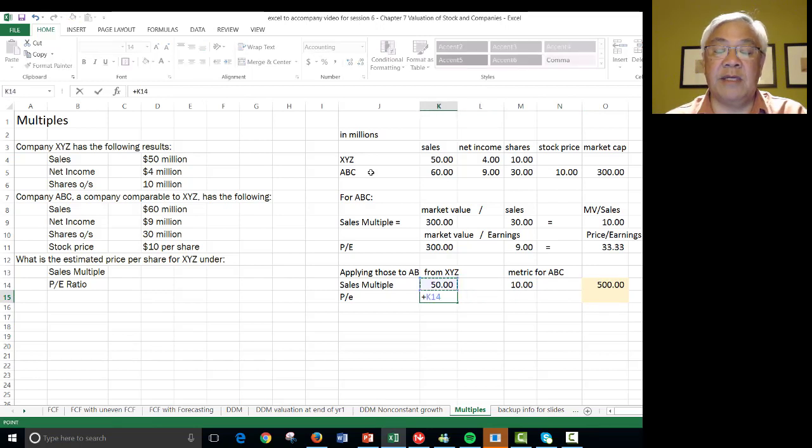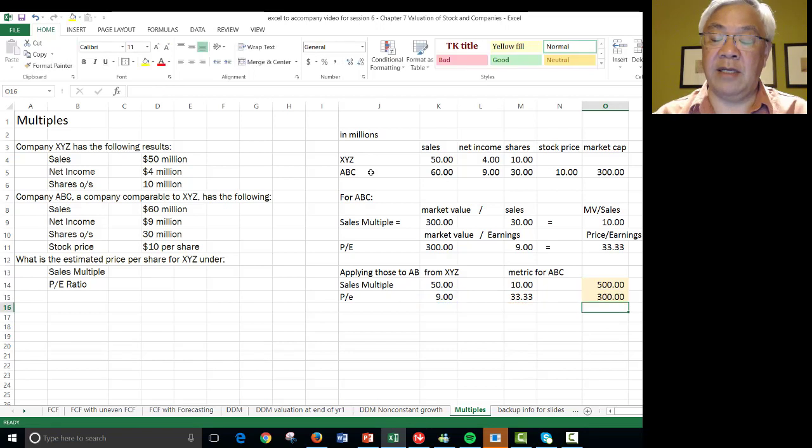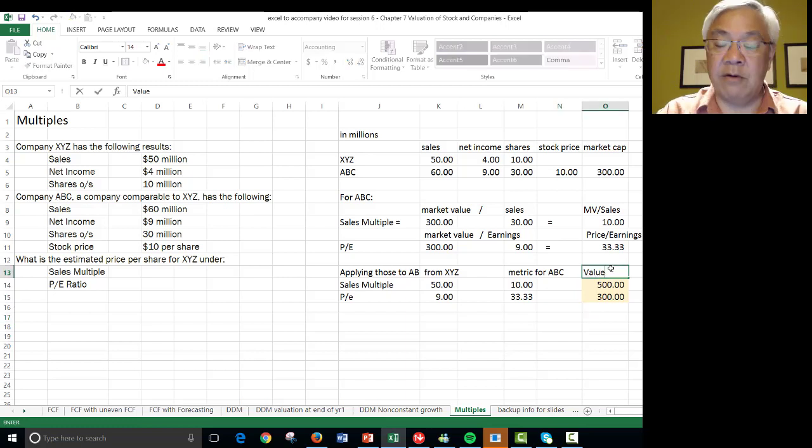For the PE ratio, the earnings are 9, and the metric is 33. So using the PE ratio, 9 times 33 is 300. So we see there are wide variations, and this would be the value of XYZ based on ABC multiples.